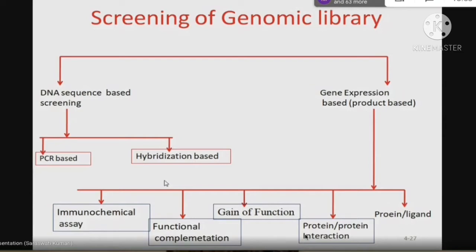But in gain of function, suppose some bacteria have a 30-minute replication or generation time. By adding a gene, if it starts duplicating rapidly, suppose in 20 minutes, that means the gene we have added is responsible for replication. In this way also we find out the function of a gene. This is the way to screen the library, and in this way we can also find out which genes are responsible for which function.